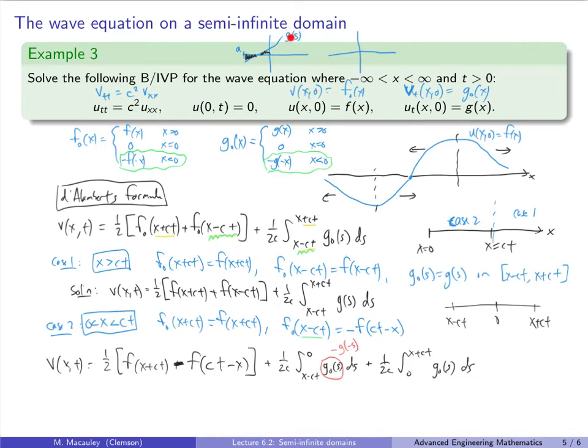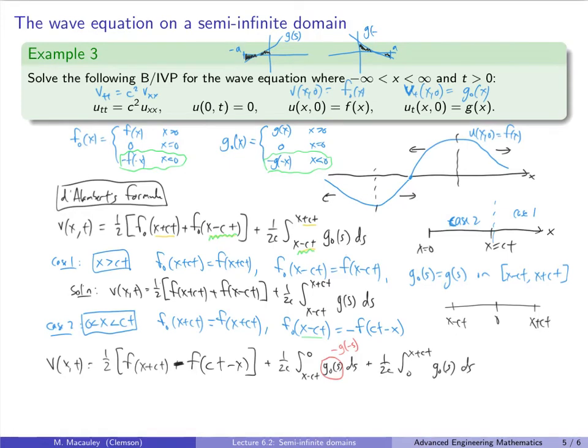So this is g of s, and g of negative s, again, I don't mean to draw these areas to be the same. I just want some part of it to be under, some part of it to be over. So say this is from negative a to 0, and say this is from 0 to a. This is g of negative s.